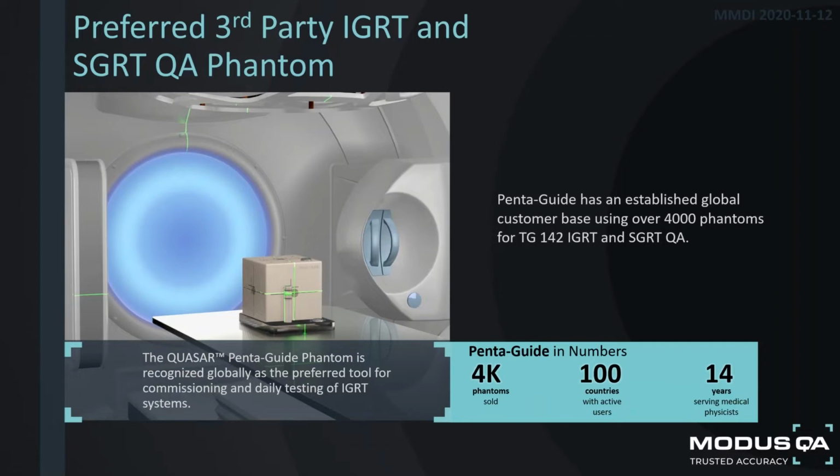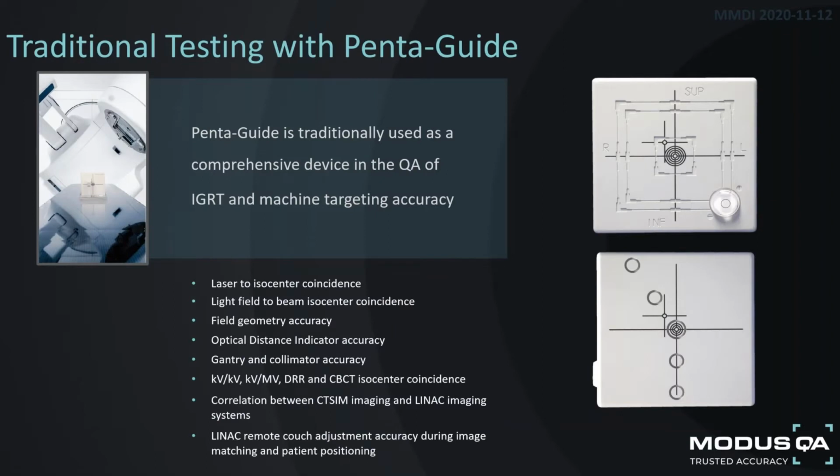Can you provide a description of how the Phantom has been traditionally used within the radiation therapy department? Yeah, the Penta-Guide has commonly been used as a comprehensive QA tool, covering those recommendations from TG142 for linac IGRT targeting.